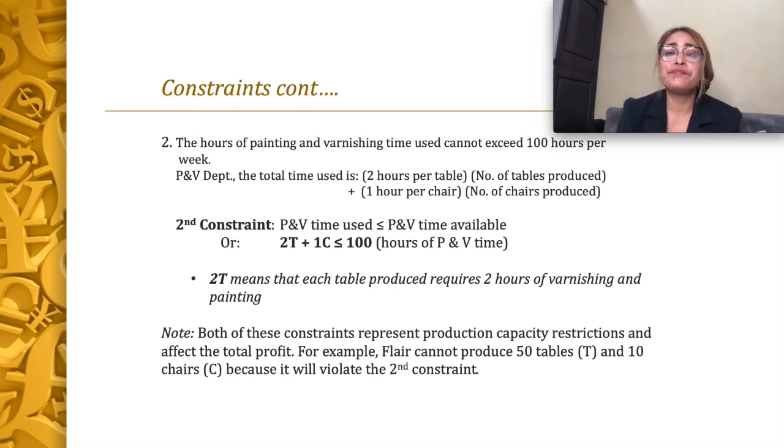For example, Flair cannot produce 50 tables and 10 chairs because it will violate the second constraint. Question, why is it violative?